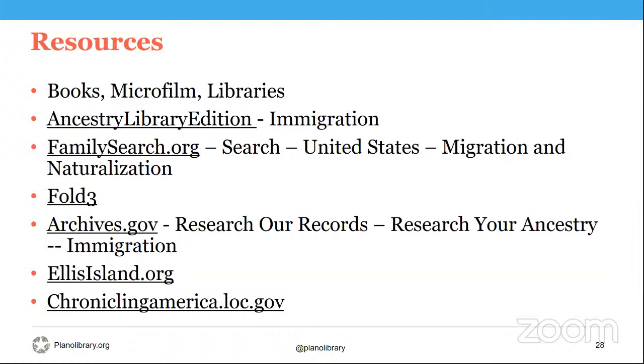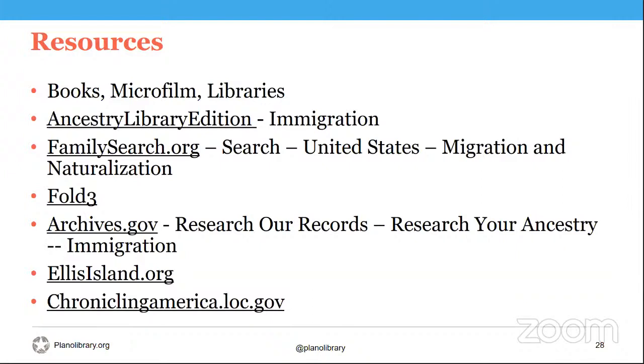Ellis Island does have a lot of great information, but you have to remember the time period. Chronicling America is produced by the Library of Congress, and it has a lot of the early newspapers online.